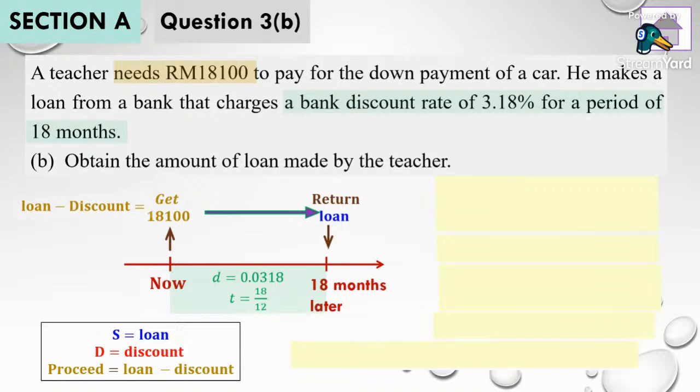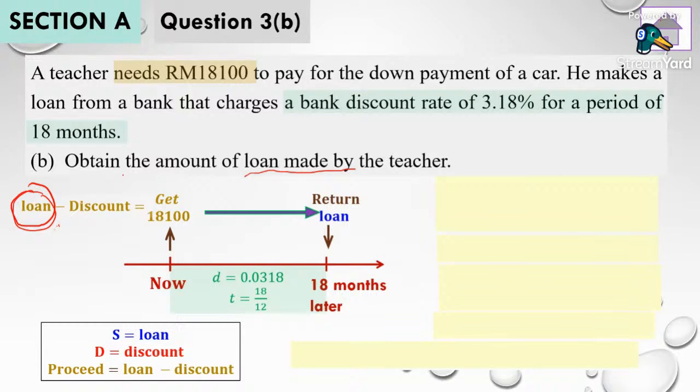So this is the time frame that we have just now generated. What we want to know now is the amount of loan made by the teacher, or I should say the value that the teacher asked for. Obviously, it's not 18100, and it should be some value that is greater than this.